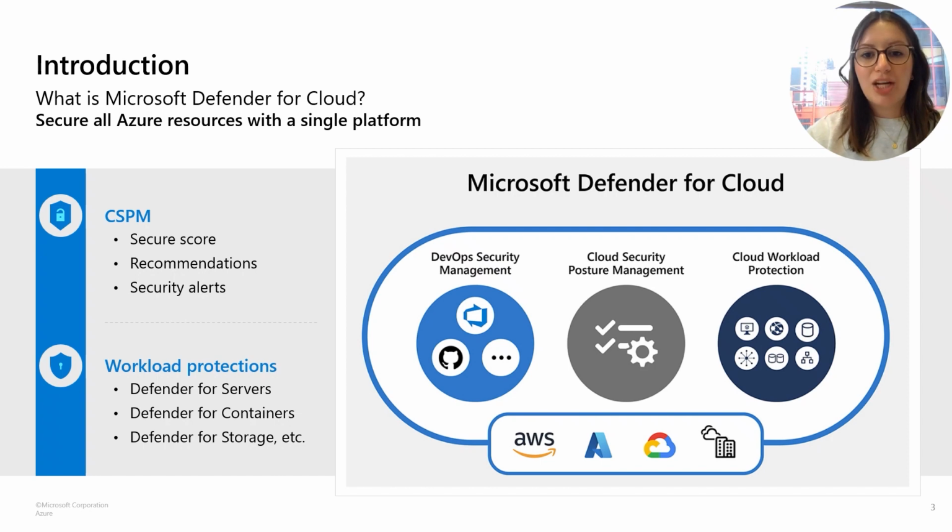Cloud Security Posture Management, or CSPM, consists of features you might already be familiar with, such as a cloud secure score, recommendations about how to harden the security posture of your resources, and security alerts that identify real-time incidents. Workload protections include the paid resource plans, such as Defender for Servers, Defender for Containers, Defender for Storage, and others. These plans include enhanced security features such as Microsoft Defender for Endpoint, as well as attack path analysis, vulnerability scanning, regulatory compliance, and more.